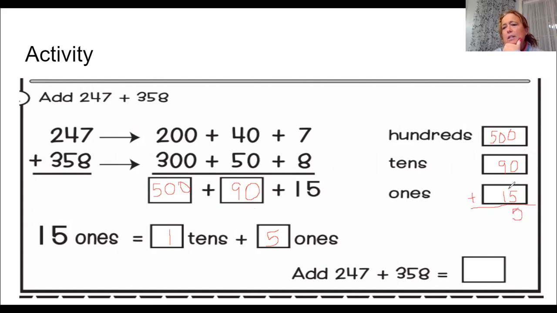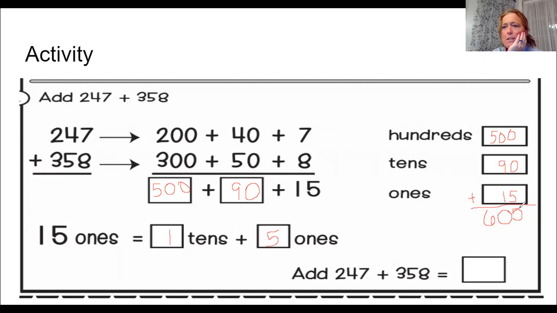Now here is where it's going to get a little challenging because we have 90 plus 10, which is 100, okay? So we now have to take that 100 and put it in the hundreds place. So instead of having anything in the tens place, we have 0 in the tens place now, right? Because we're taking this 100 and putting it here, which gives us 605.